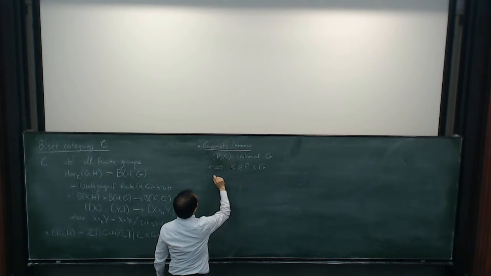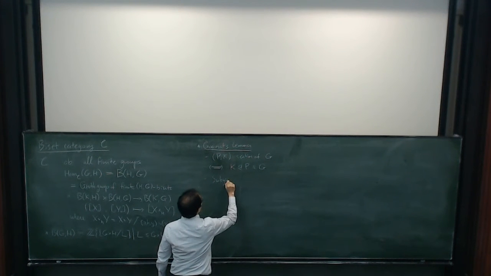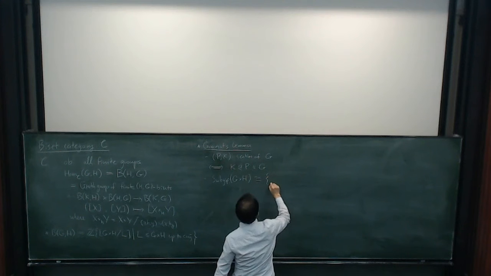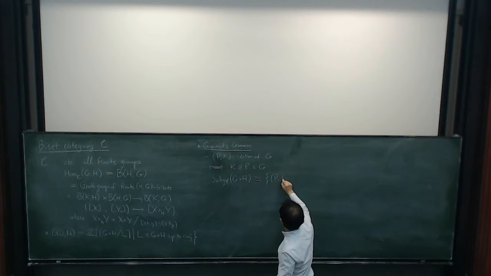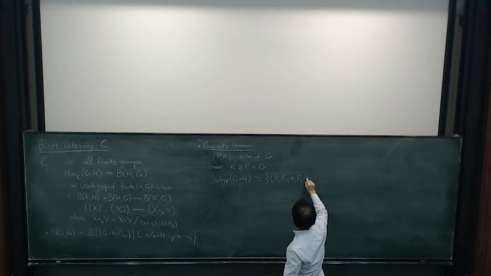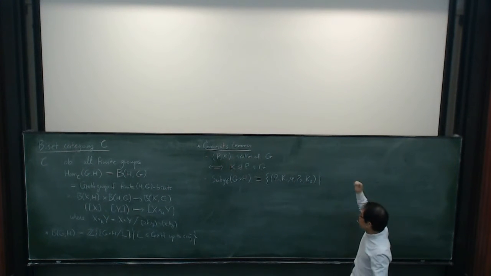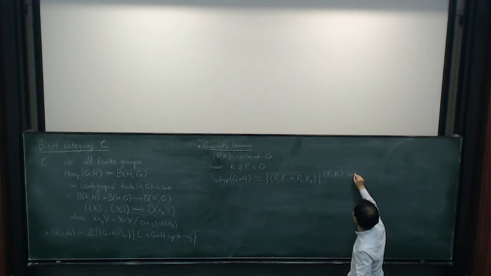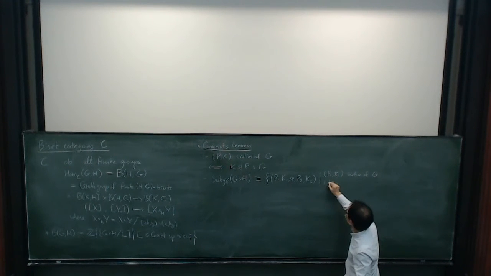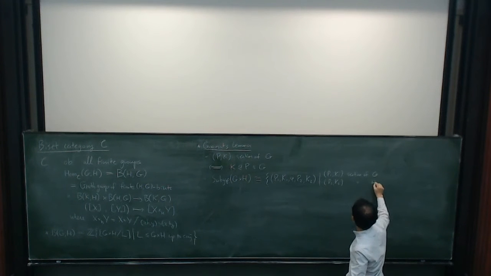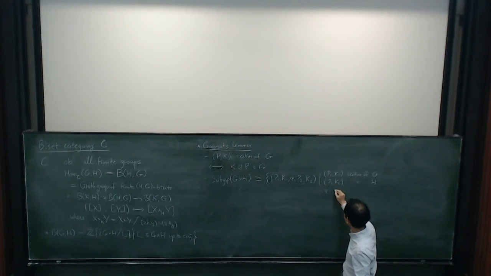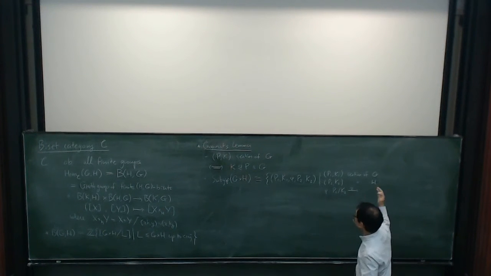And then the set of subgroups of G cross H is in bijection with these quintuples, where the first pair is a section of G, and this is a section of H, and they have isomorphic quotients, and phi is one particular isomorphism going from right to left.